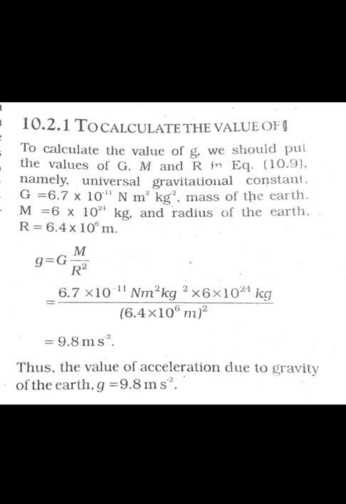Then they become v is equal to u plus gt, s is equal to ut plus half gt square, and v square minus u square is equal to 2gs. If you want, s can be replaced by h also, because height. Here u and v are the initial and final velocities, and s is the distance covered in time t.